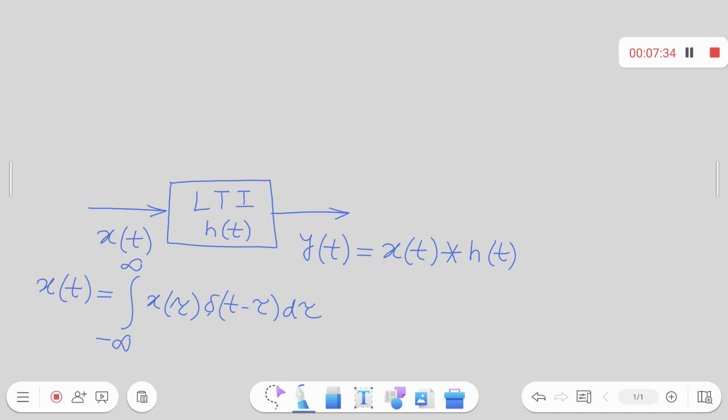So for example, now I would like to have a signal x of t. This x of t is given by e to the power j omega naught t.